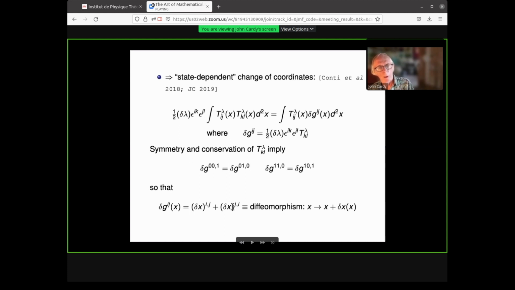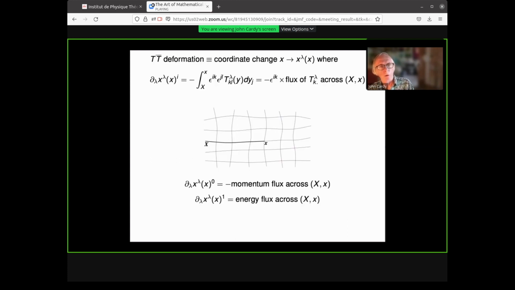That is, if we start in flat space, we stay in flat space, and the change in the metric of this form is just equivalent to a diffeomorphism. So that's another reason why this particular deformation is solvable. So the T-Tbar deformation is equivalent to a coordinate change.